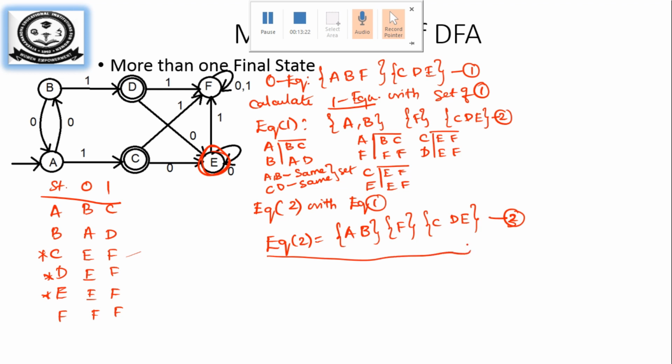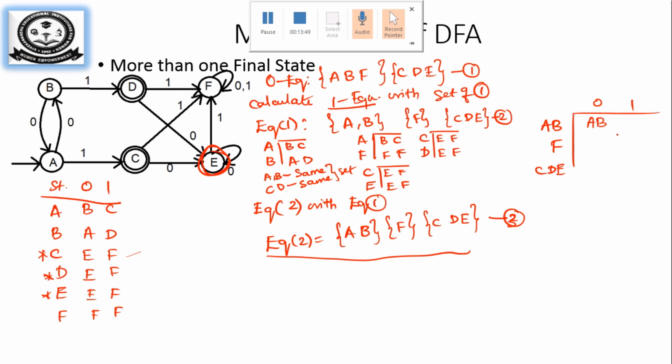So with this we will form the minimized equation. So let me write the transition table first. So I will write it over here. So the sets are AB, F, C, D, E. So it's for 0 and 1. So for 0, A goes to B, which is again in the same set A, okay.